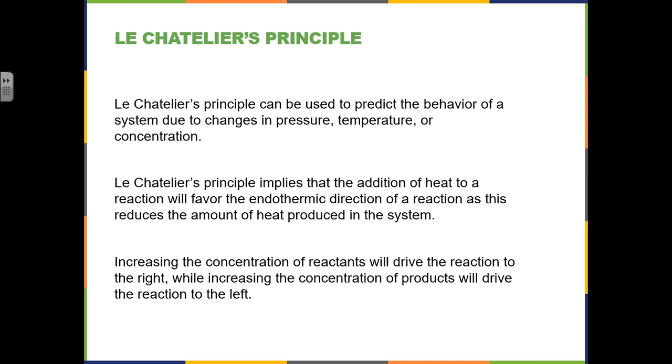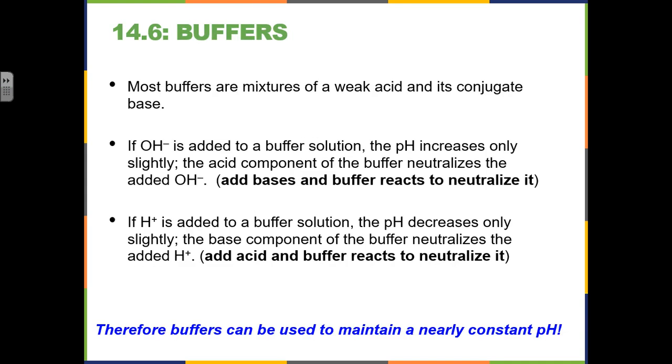And in this case, as we're talking about pH, if you add something that is deeply acidic, the reaction itself is going to do something to counteract that. Now, how does that work? Well, if hydroxide, which is a base, is added to a buffer solution, the pH is going to increase only slightly, and then the acid component of the buffer is going to neutralize the hydroxide that gets added.